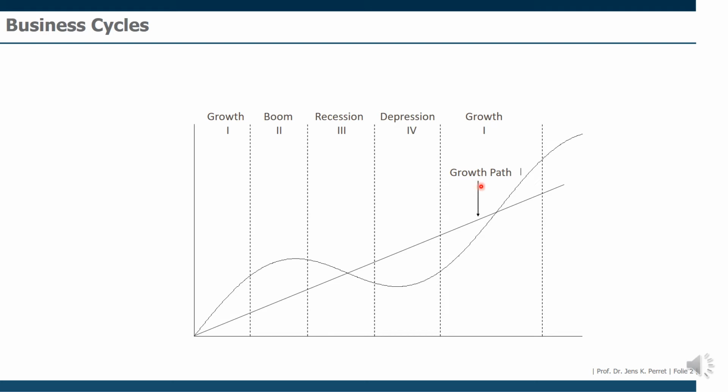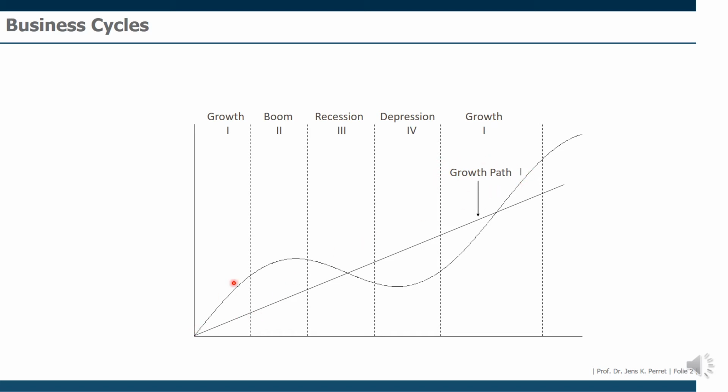So we actually have two questions we can talk about here. We can talk about the long-term growth path. This is usually considered in the context of economic growth theories like the neoclassical growth model, which is the topic of a later session.